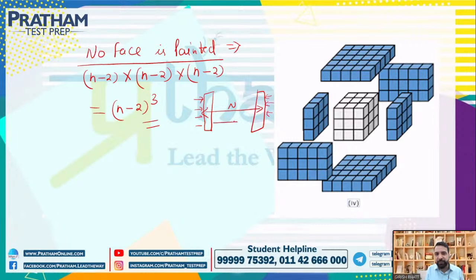So now we are left with only n-2. Similar with height, similarly with breadth. So this will be the final number that you are left with, n-2 into n-2 into n-2, and that is (n-2) whole cube. This is the formula, and this is how it is derived, right?